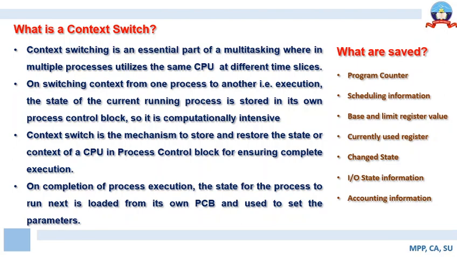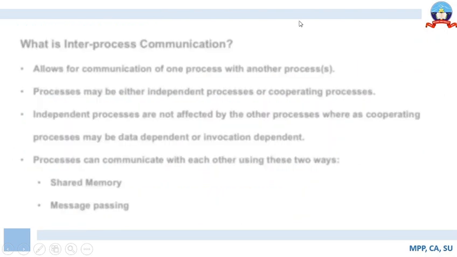We have already learned about these in detail in the previous class; they describe the process control block of a given process. Whenever context switching takes place, these are the essential parameters that are to be stored onto the process control block of a given process. So this is what context switching is all about, and this is its importance.